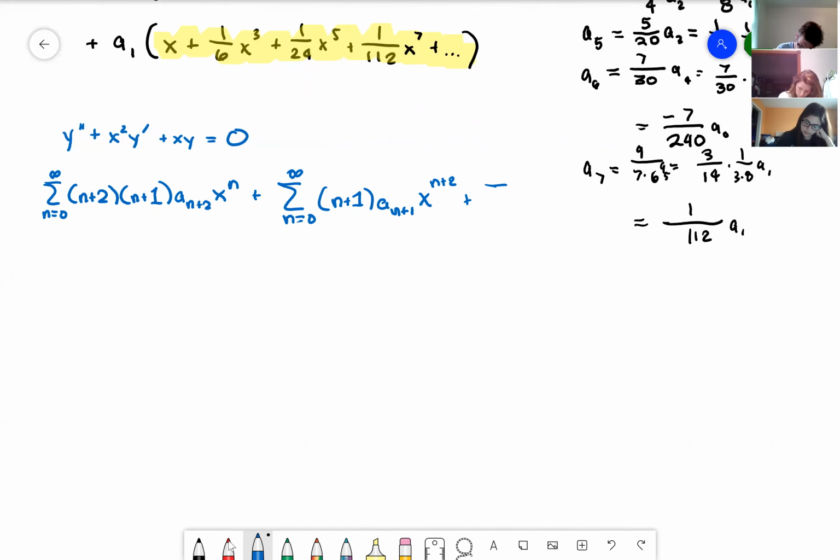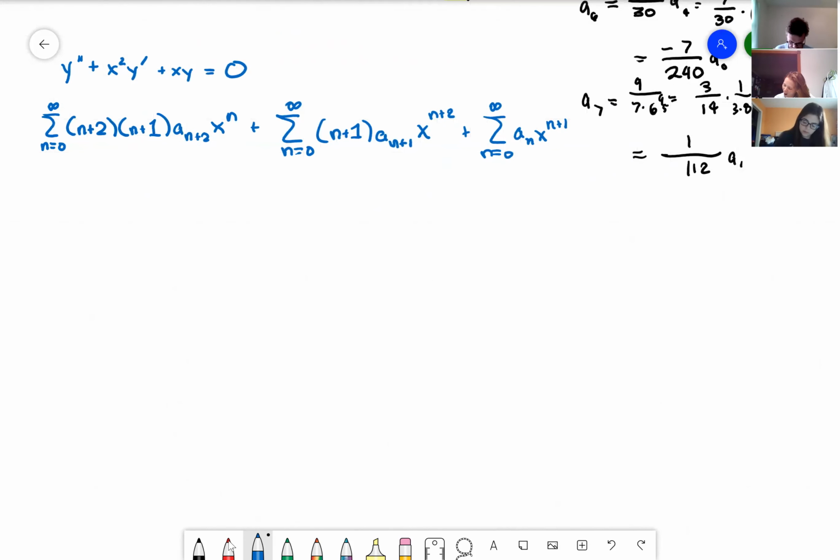Plus the sum from n equals 0 to infinity of a n x to the n plus 1. So I've done a lot in one step. I've re-indexed it so they all started at x to the n, and then I moved the powers of x inside the power series. So now they're no longer all at x to the n, but I did a couple of steps in one there.